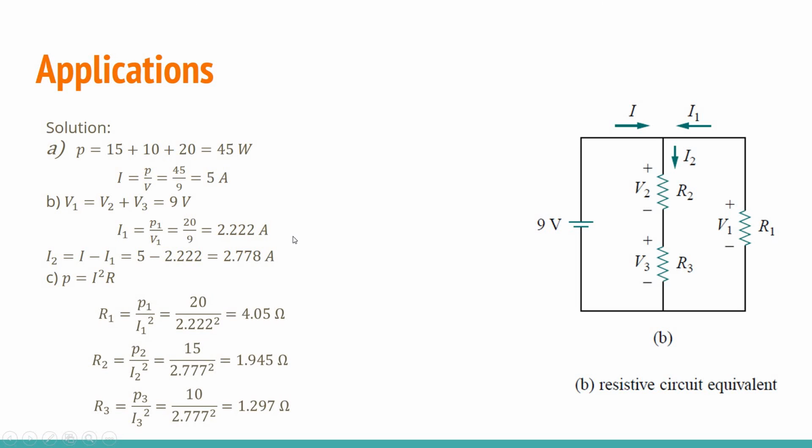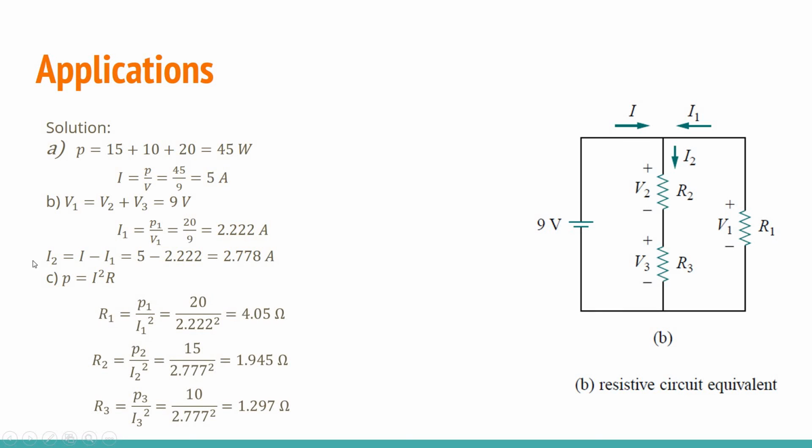Since we have analyzed that the voltage across R1 is 9 volts, we can directly get the current in R1. Power 1 equals voltage 1 times current 1. The power here is 20 watts, so 20 watts divided by 9 is equal to 2.222 amperes.